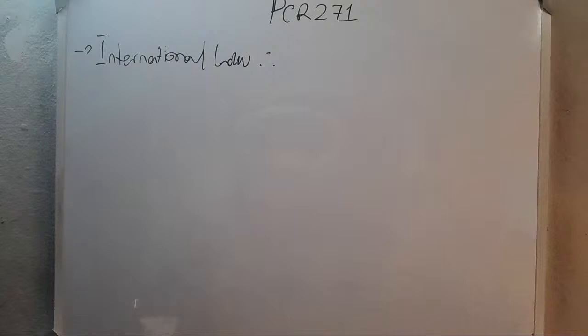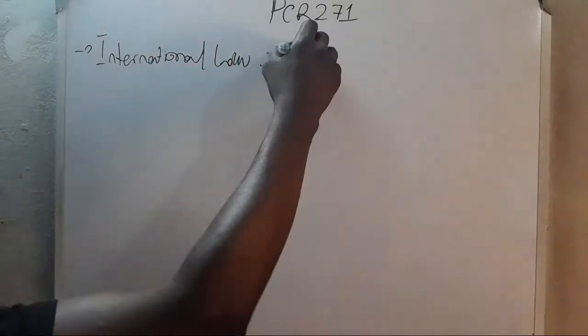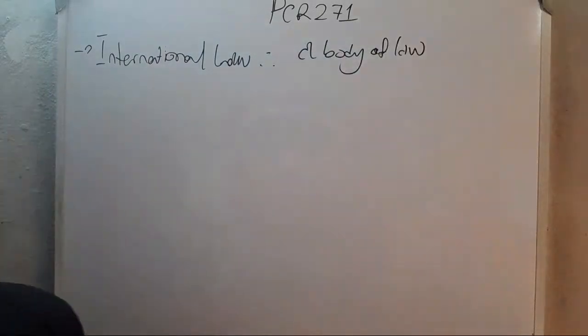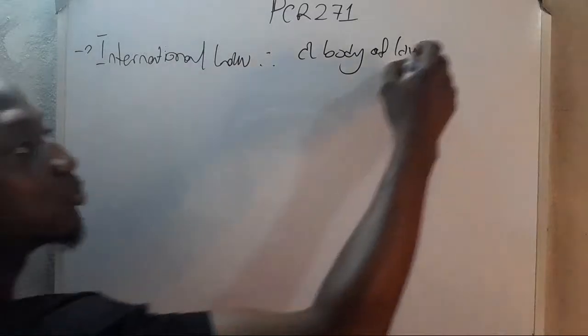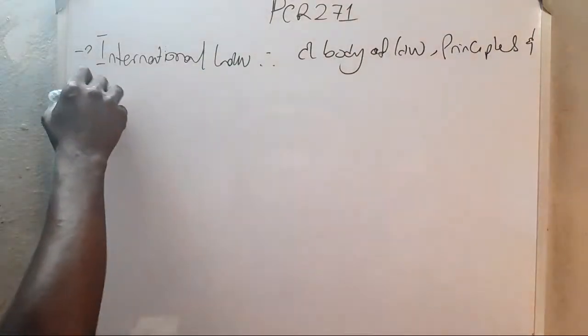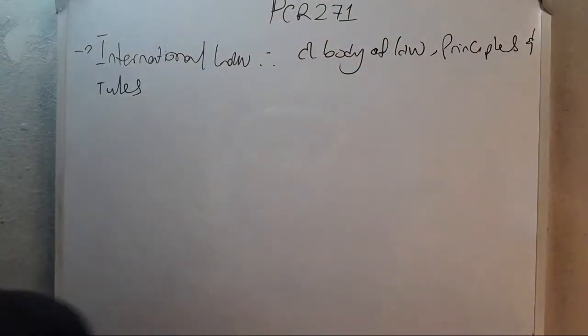It says it is a body of law, principles, and also rules. And who does this rule bind, or who does this principle govern or guide? Who are these people or countries that the rules and principles are meant to guide?